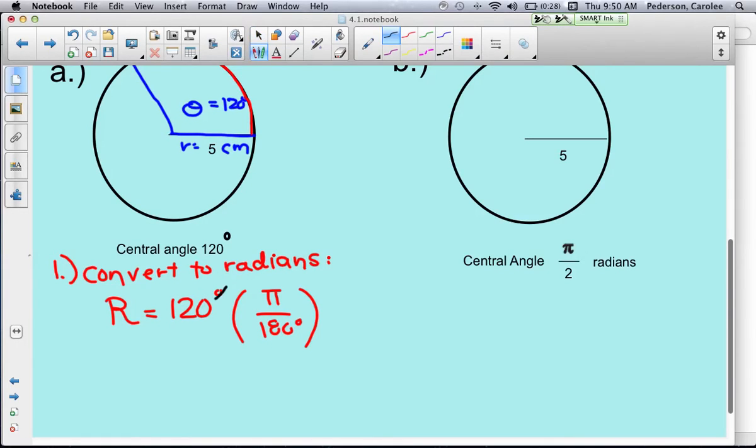The degrees. And then I can try and reduce the fraction down. What can I reduce 120 and 180 by? What factor? By 60. So I can divide 120 by 60 and I get 2. And I can divide 180 by 60 and I get 3. So then my central angle in radians is 2 pi over 3 radians. Now I have my theta. Now I'm set to use the formula for arc length.